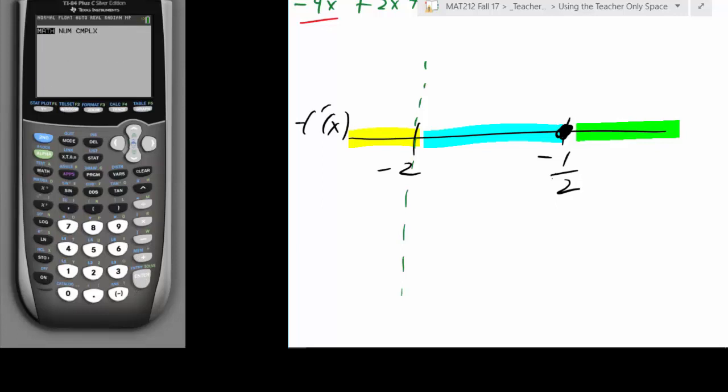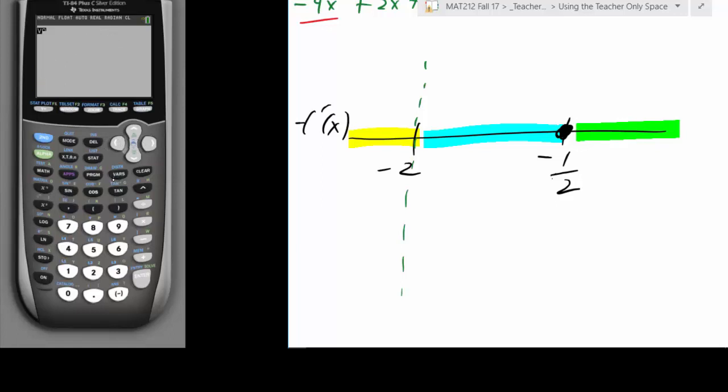Old operating system people, I'm going to go to mode. You guys don't need to do this; this is just so I can show somebody what their calculator might be showing. In the old operating system, when you hit that nDeriv button, you just type in the same way we did before.